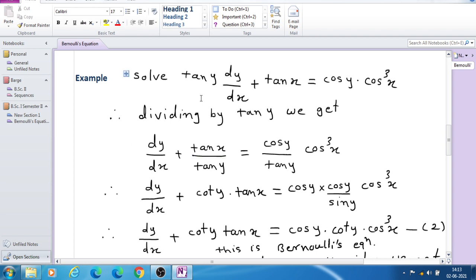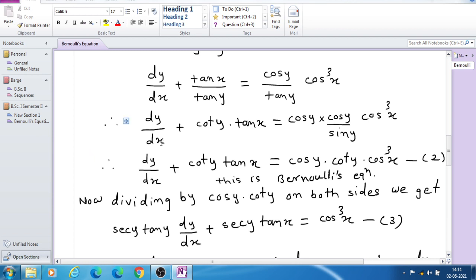So we divide the whole equation by the coefficient of dy by dx, that is tan y. Dividing by tan y we get dy by dx plus tan x divided by tan y is equal to cos y divided by tan y into cos cube x.